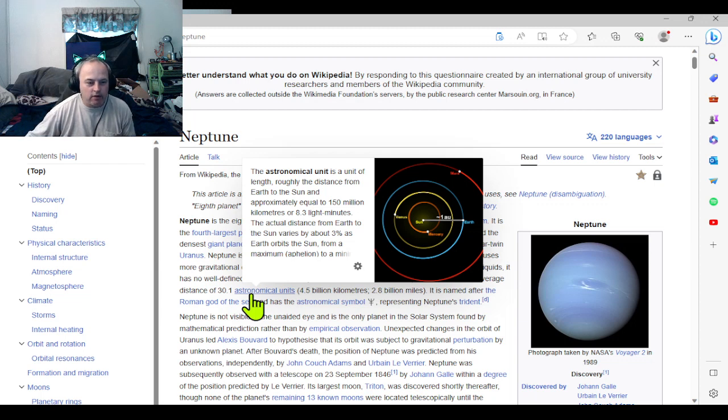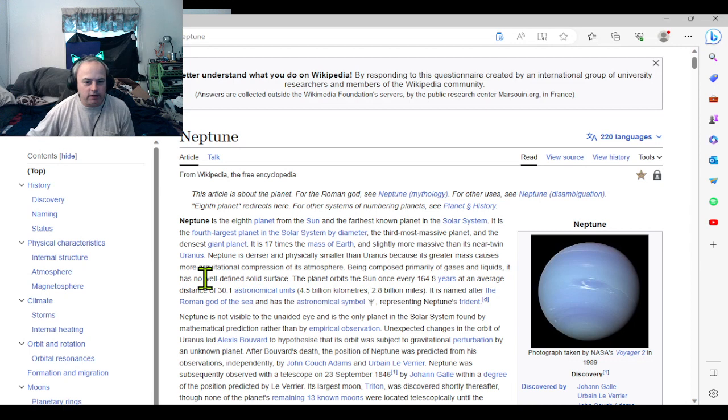So Neptune is 30 times that distance out there, from the sun to us, 30 times that distance all the way out to Neptune.